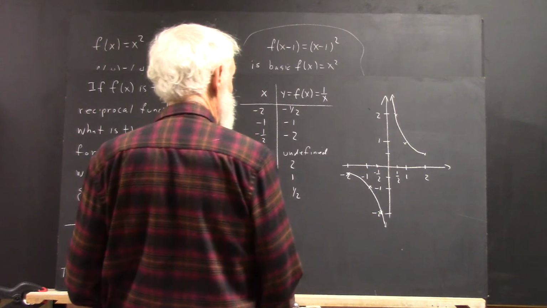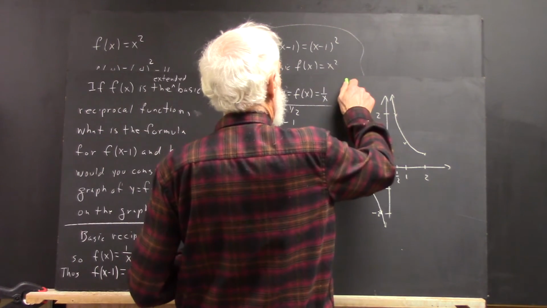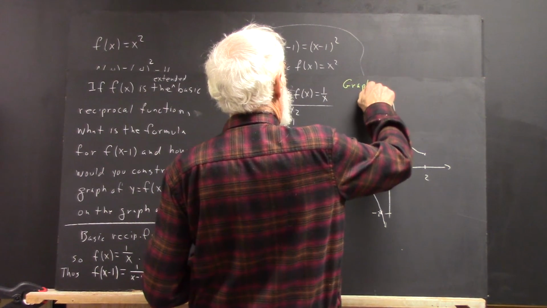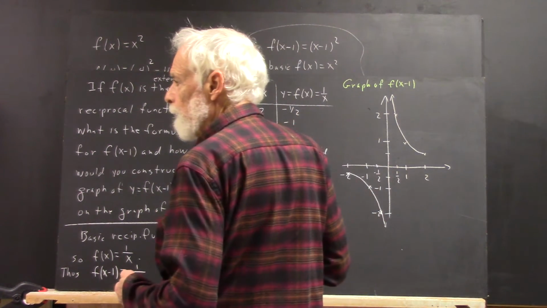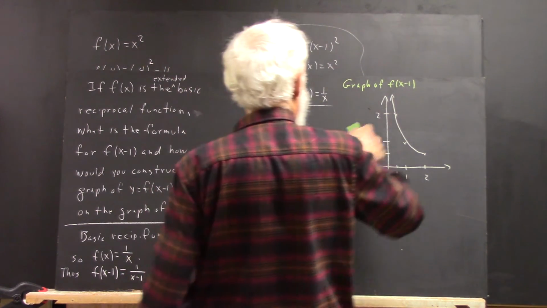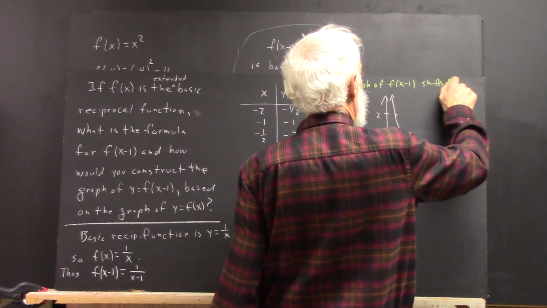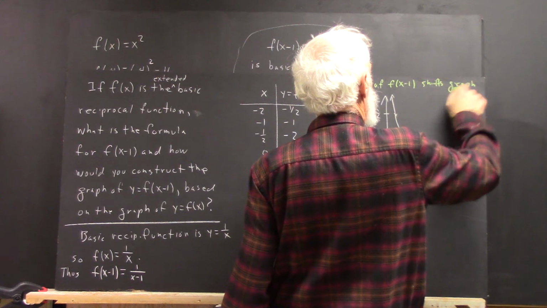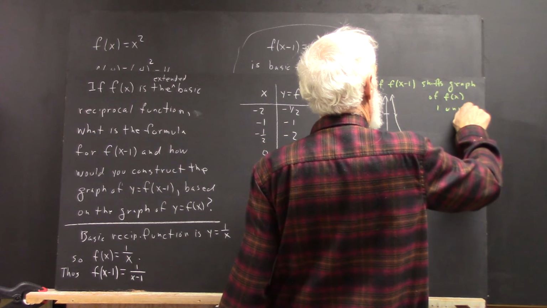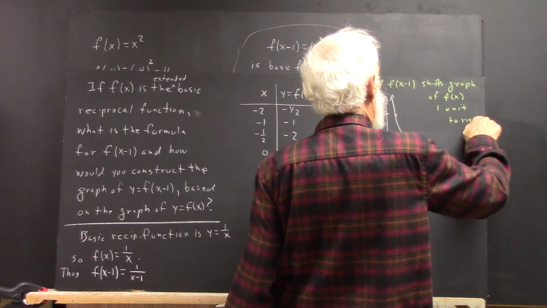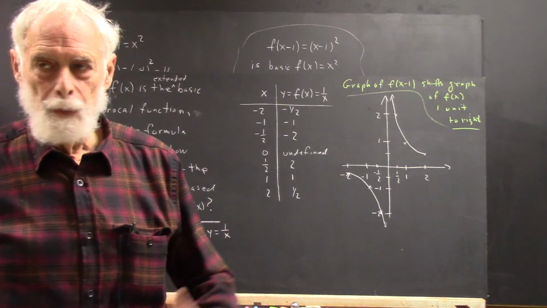So, the graph of f of x minus 1 shifts 1 unit to the right. We don't know that, but we suspect that from what happened with the x squared graph.